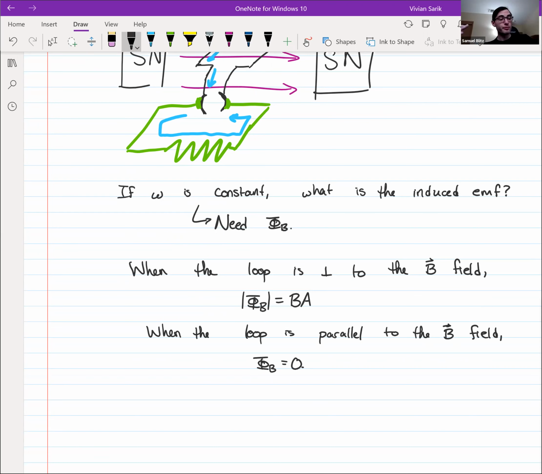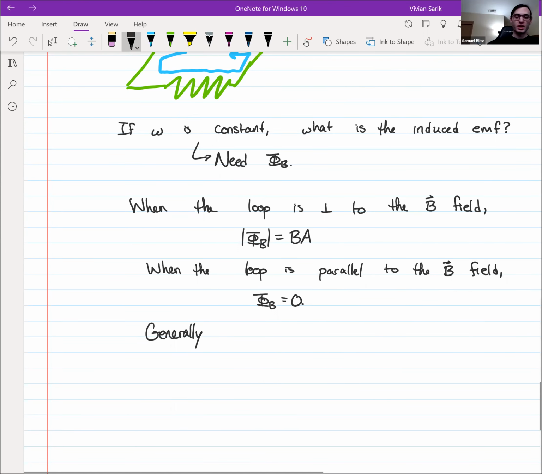So in general, we can generalize this to figure out how the flux changes with the angle. So generally, if theta is the angle between A, the area vector, and the magnetic field, then the flux is just BA times cosine of theta.